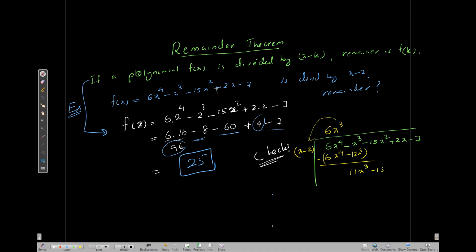11x cubed minus 15x squared plus 2x minus 7. Now I need plus 11x squared, so 11x cubed minus 22x squared. When I subtract, minus minus plus, so I have 7x squared plus 2x minus 7. I need plus 7x, so it will make me 7x squared minus 14x.